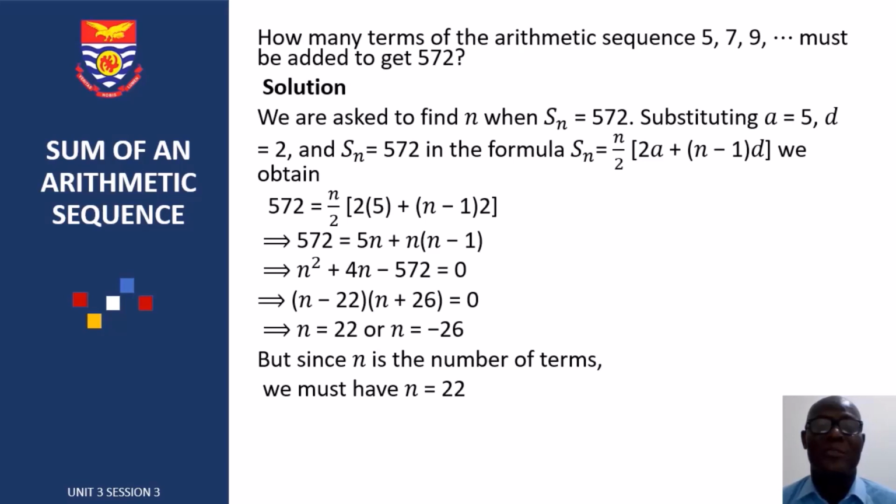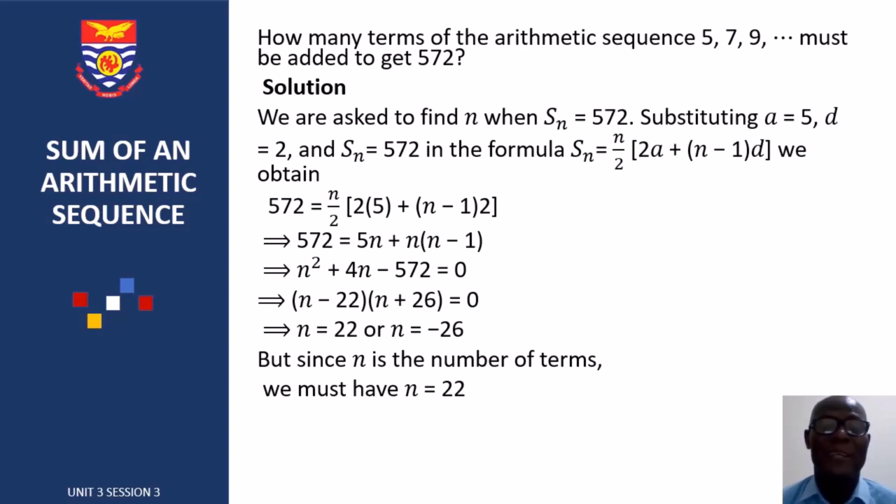572 equals n over 2 into square bracket 2 multiplying 5, that is the first term, plus into braces n minus 1 multiplying the common difference 2. Now when we distribute n over 2 over the square bracket, we have 572 equals 5n plus n into braces n minus 1.